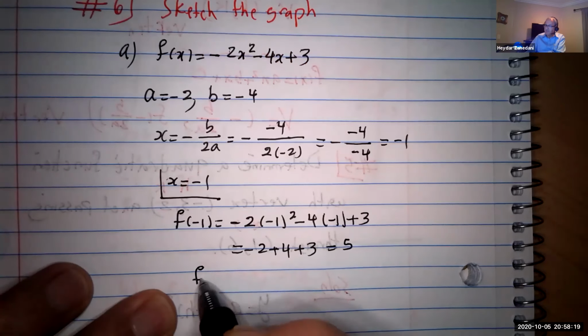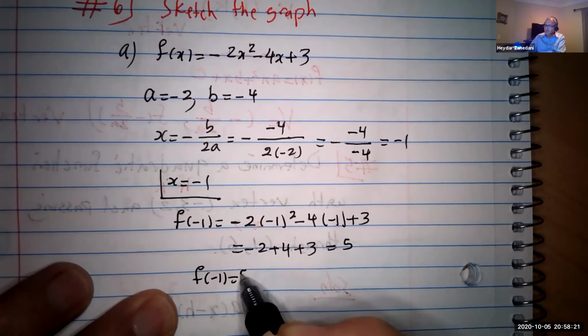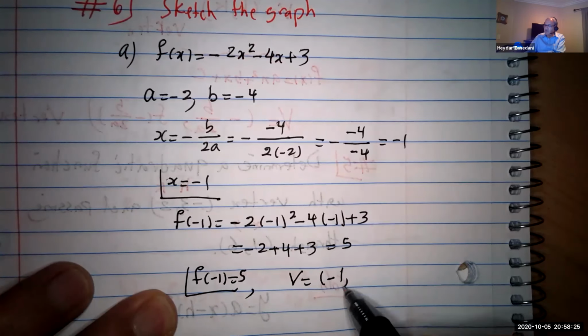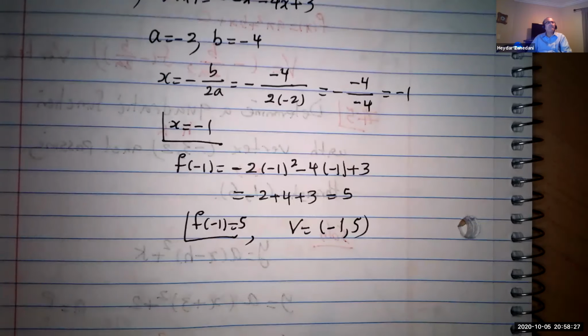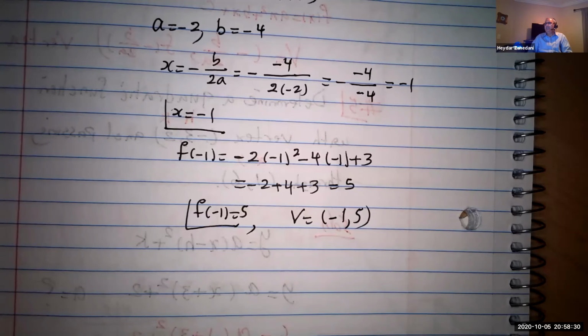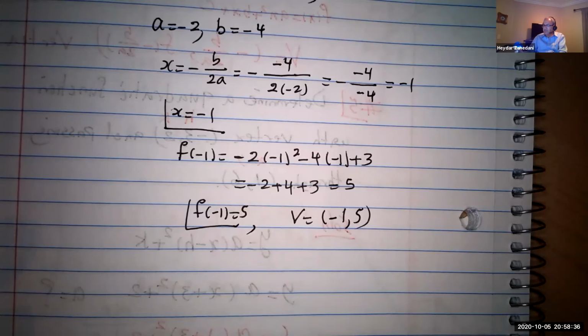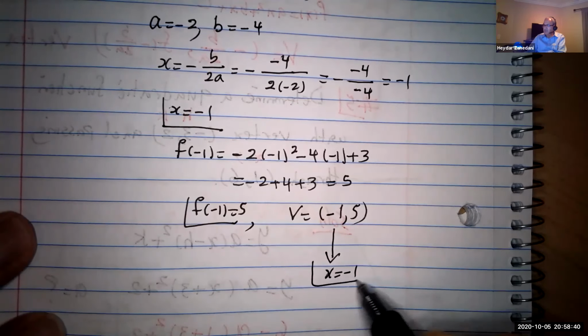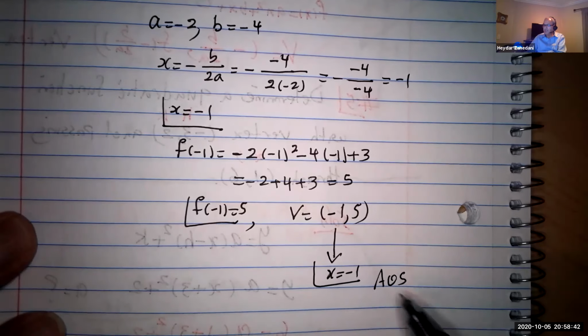So f of negative 1 is equal to 5, so the vertex is negative 1 and 5. See, that's this classic formula that we have. And the axis of symmetry is going to be negative 1.